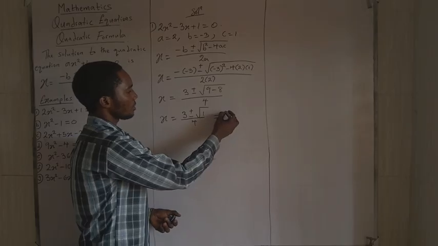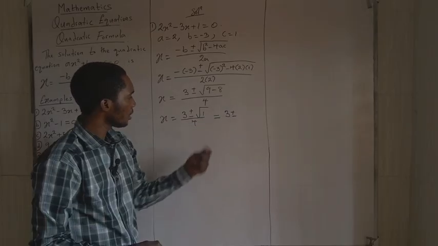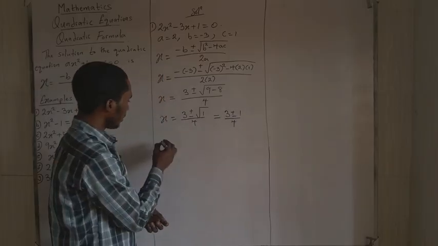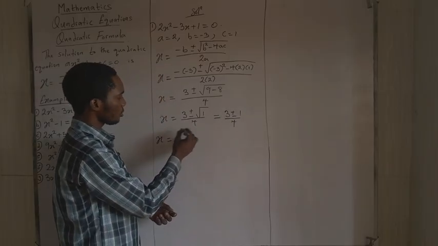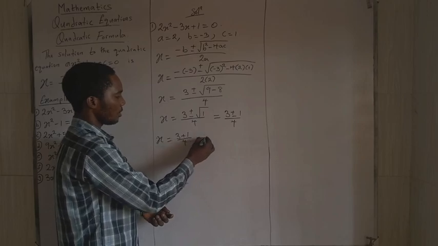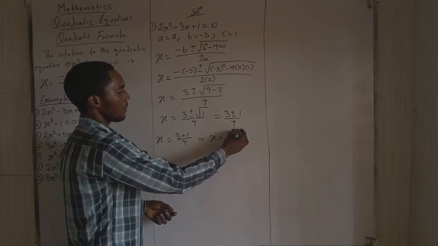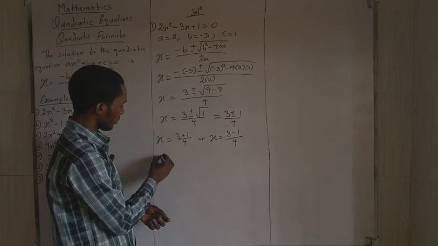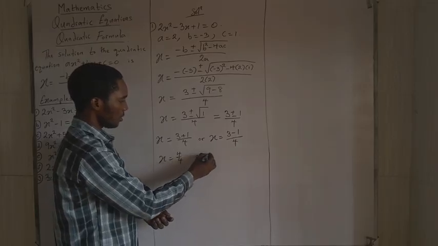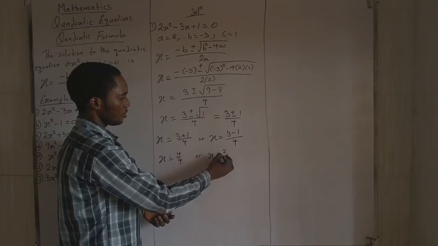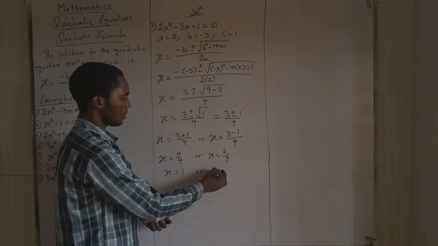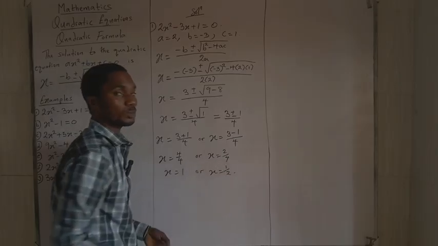And this equals 3 plus or minus the square root of 1 over 4. Now we have x equals (3 + 1) over 4, or x equals (3 − 1) over 4. x equals 4 over 4, or x equals 2 over 4. We have x equals 1, or x equals 1 over 2.